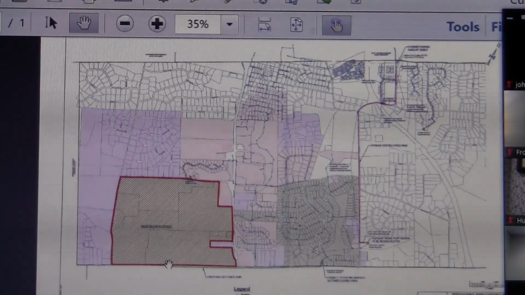It would then be pumped in an easterly direction along Street Road 926 over to Tower Course Drive, at which point the force main would discharge into the existing sanitary sewer system located in Tower Course.